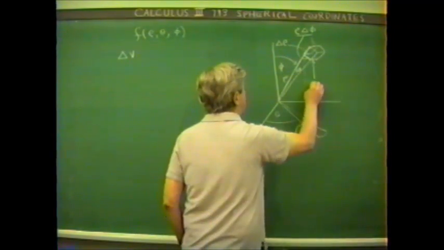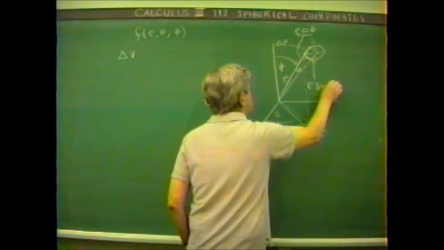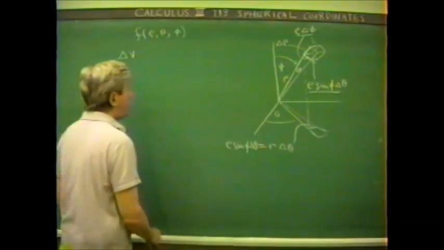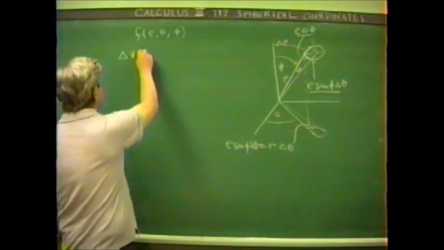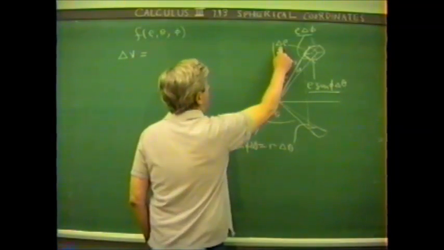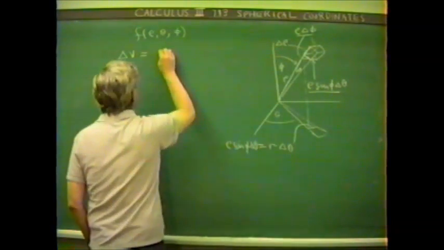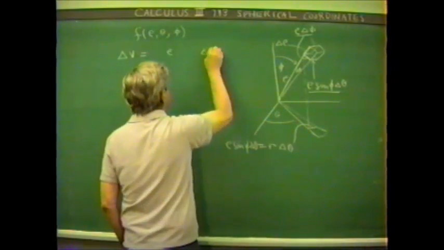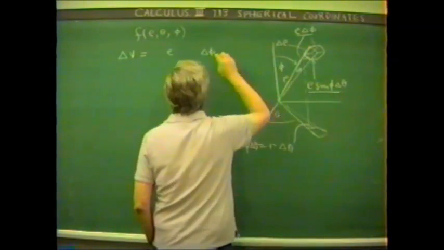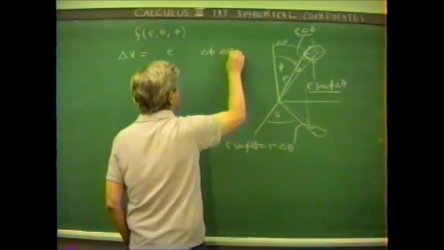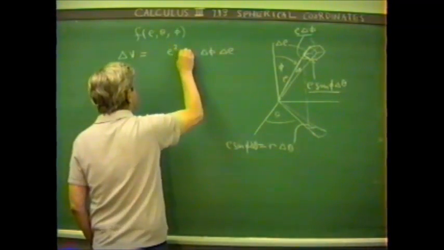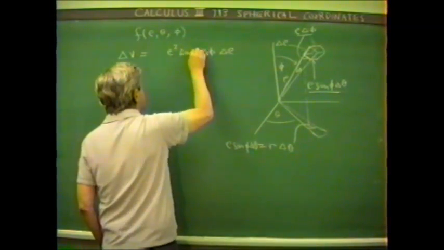It's this third side. So all together here, then, for an element of volume, we're going to get rho delta phi times delta rho times rho sine phi delta theta. So rho squared sine phi delta theta.